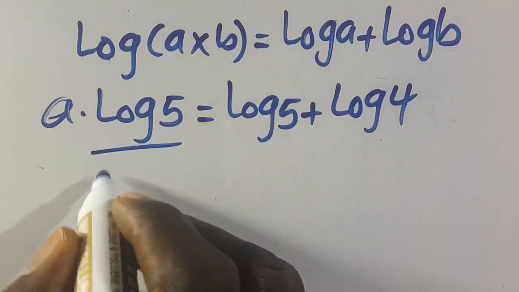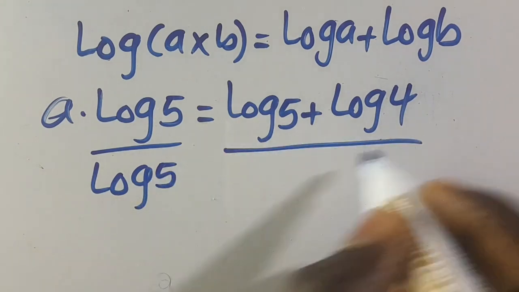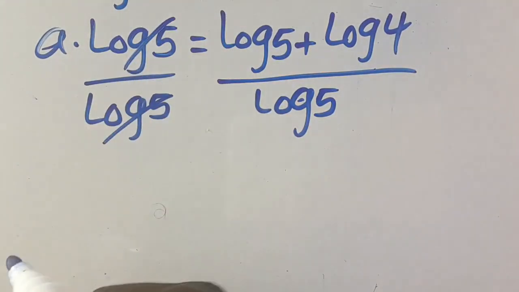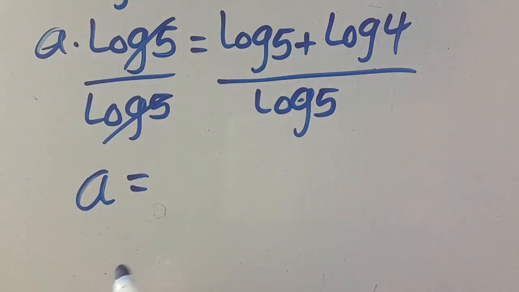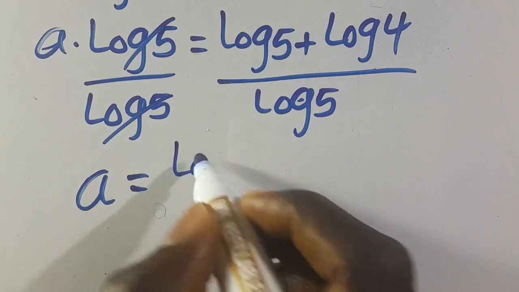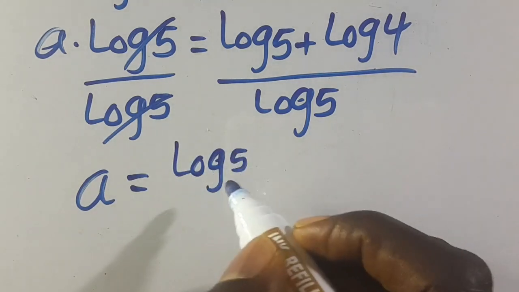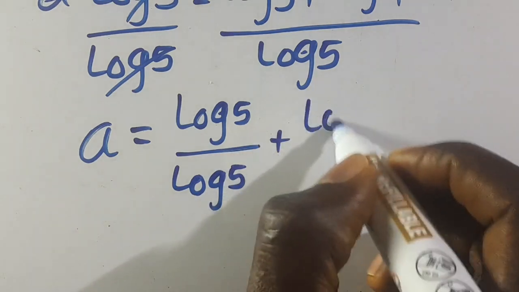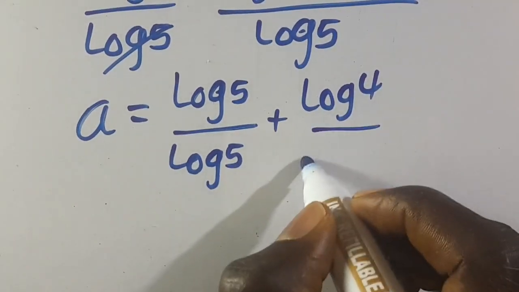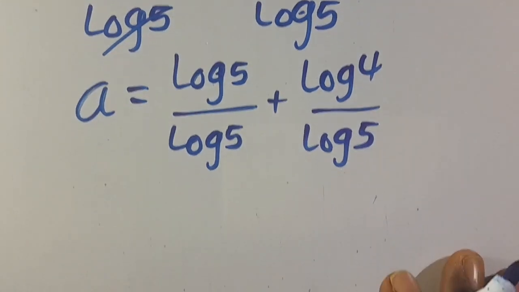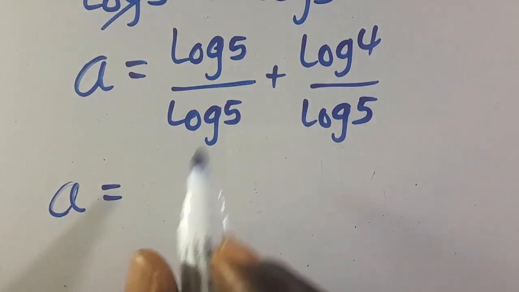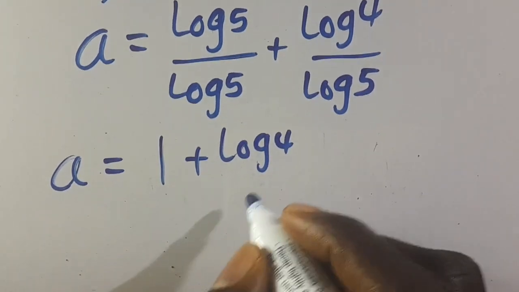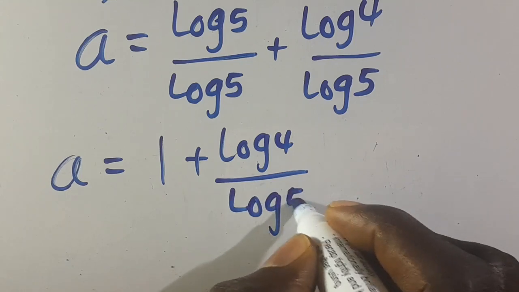So when we divide through by log 5, a will be equals, let's distribute, log 5 divided by log 5 plus log 4 divided by log 5. So we have a equals 1 plus log 4 divided by log 5.